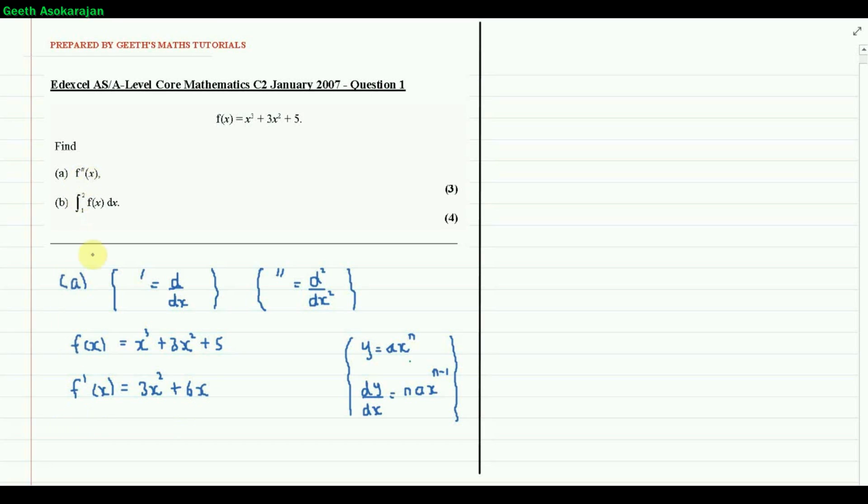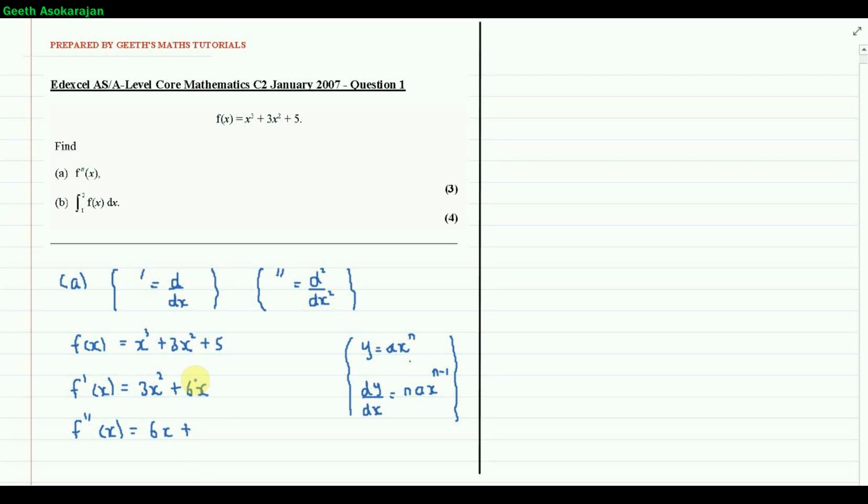But the question in part A is we need to work out f double primed x. So f double prime means we either differentiate f x twice, or we differentiate f primed x one more time. If I differentiate f primed x one more time, again we have terms of the form ax to the n, so let's apply the basic rule. For the first term, multiply by the power, 2 into 3 is 6, subtracting 1 from the power, 2 minus 1 is 1.